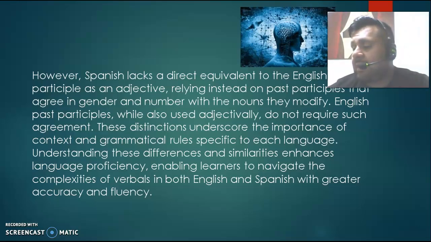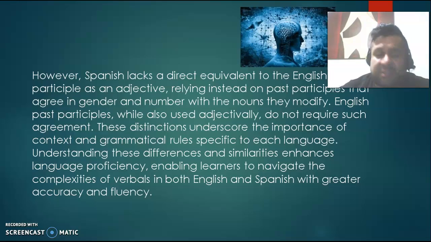I really consider that this is a really important topic that students and also we as teachers need to understand: the similarities and the differences between Spanish and English, adjectives, gerunds, adverbs, so we can communicate, like I said, effectively in English, now that this is the most important language all over the planet, I consider.